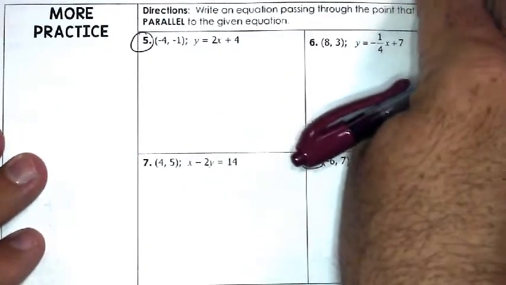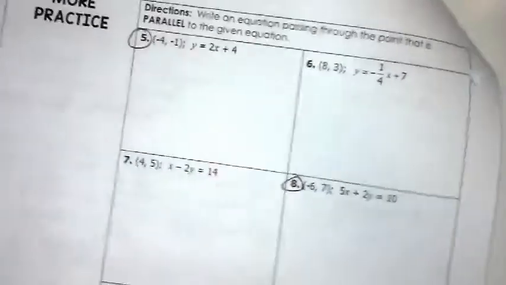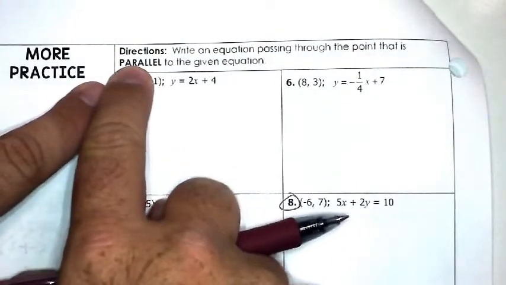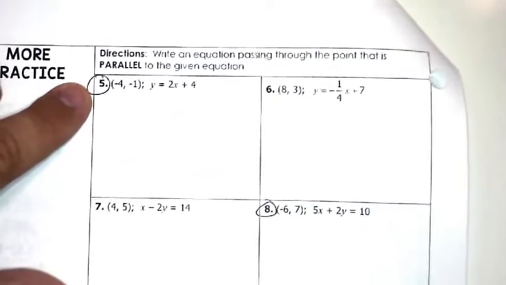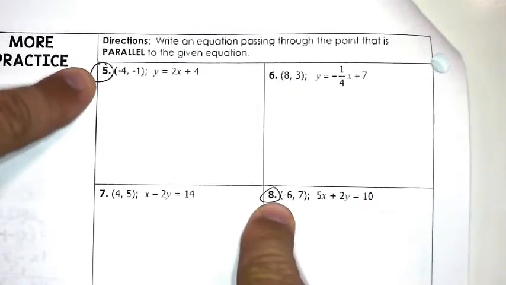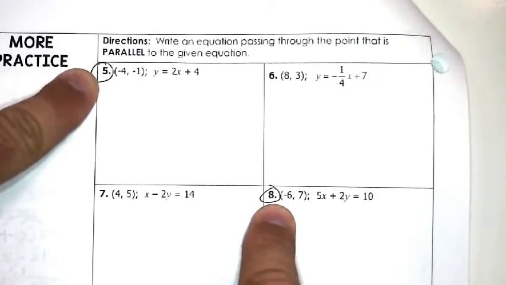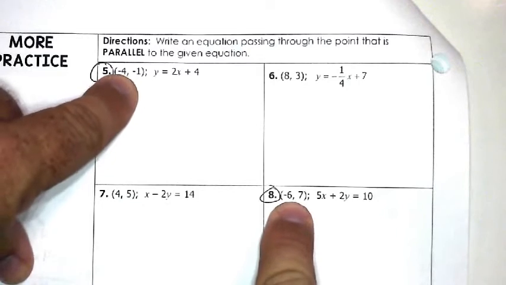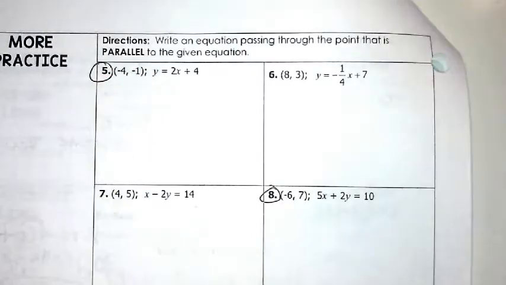Right now we are doing nothing but parallel. 5 and 8 want parallel, so 5 and 8 are looking for same slopes. I'll say it one more time. 5 and 8 are parallel. So I want you to create a new equation that will go through the point that's provided and that the lines are parallel to the current equation that is up there. So I'll let y'all do that.